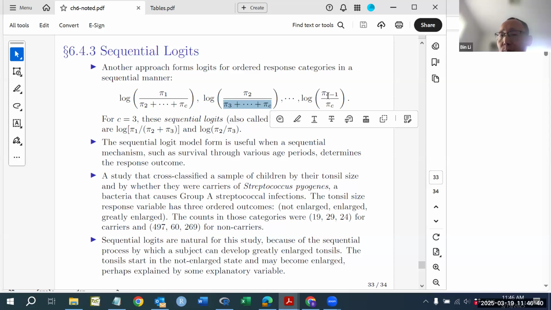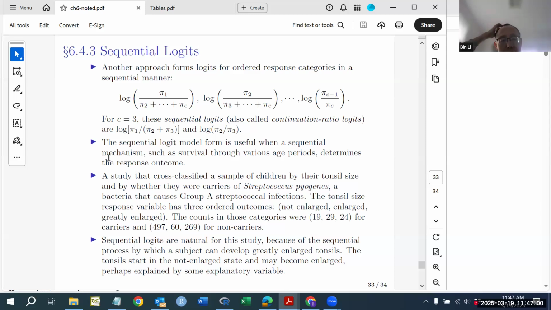You see that? And what about the last one? The last one is pi c minus 1 over pi c. So that's called the sequential logits, also called the continuation ratio logits.